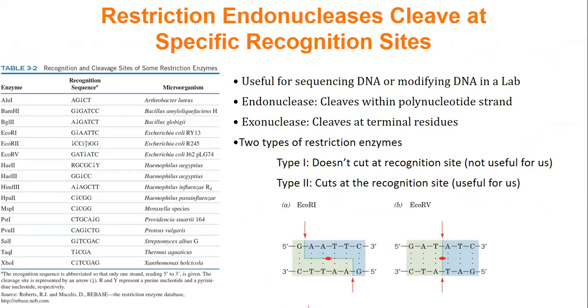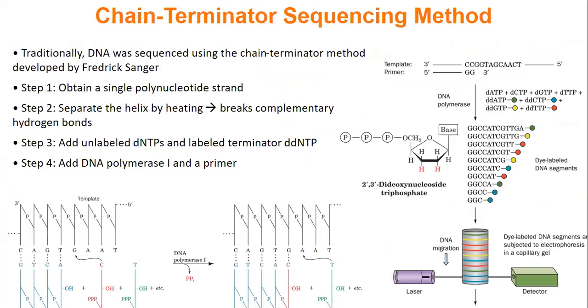If you have a very long DNA and you want to sequence it, you can use the restriction endonuclease to cut that DNA and then sequence it using the Chain-Terminator sequence method. That's how we sequenced large amounts of DNA in the past.